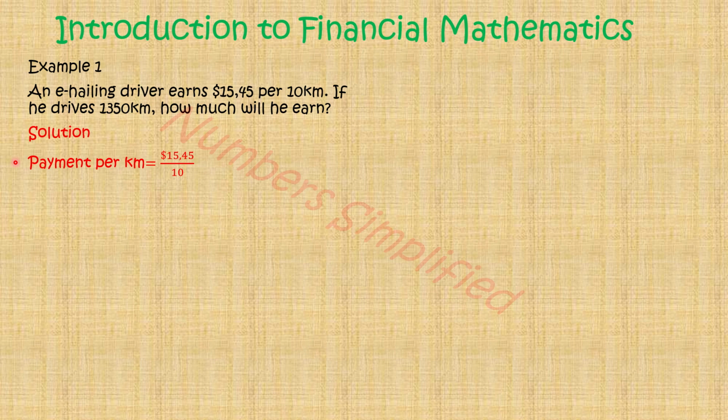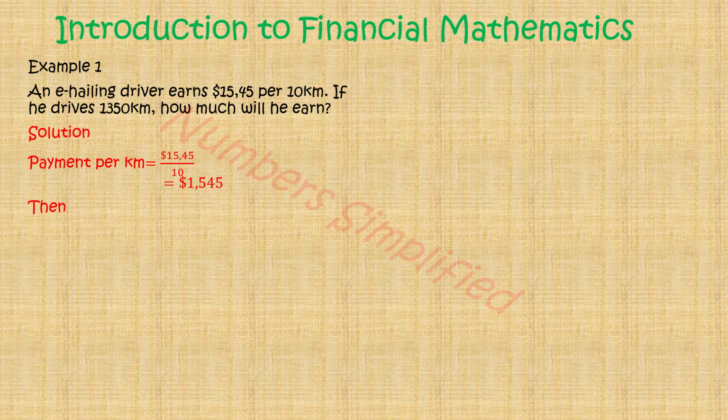Payment per kilometer is given by the amount he's supposed to be paid in 10 kilometers divided by the number of kilometers, which is 10 in this case. So if we divide that, we are going to get $1.54. But of course, because we are still going to make further calculations, we are going to leave our answer in 3 decimal places because that would matter a lot later on.